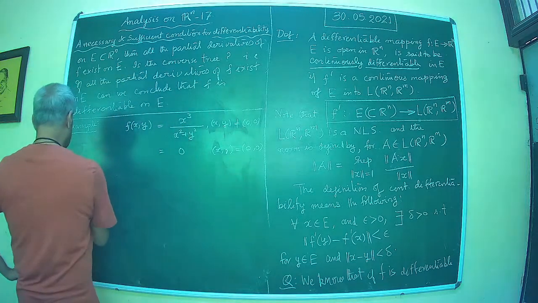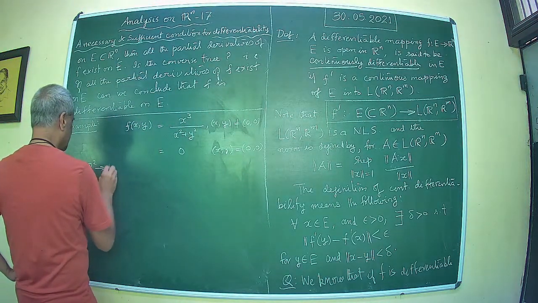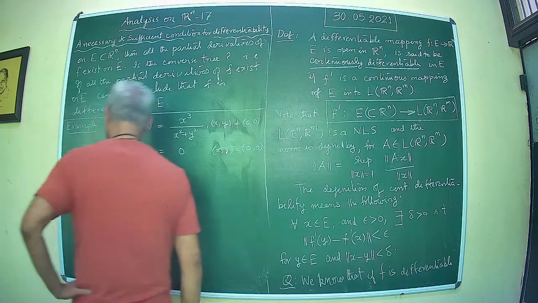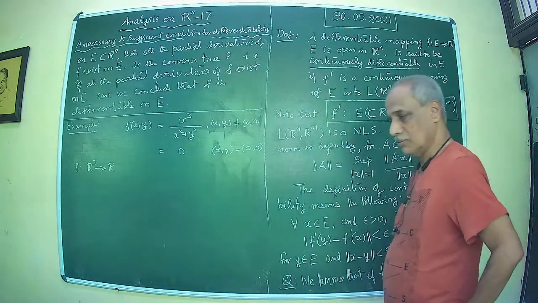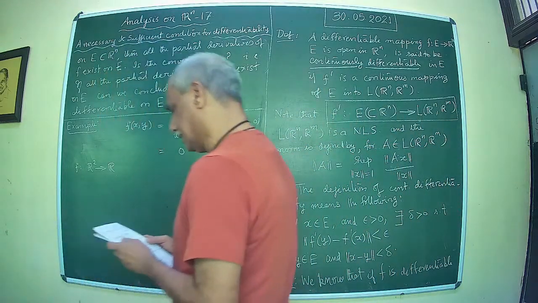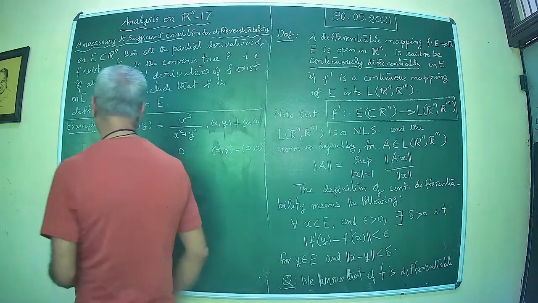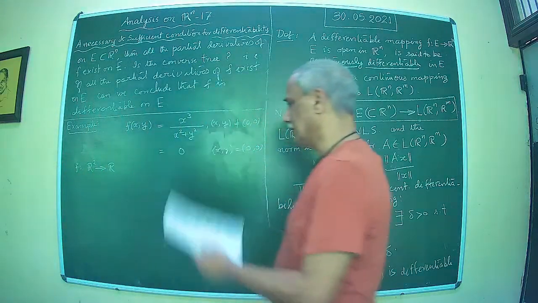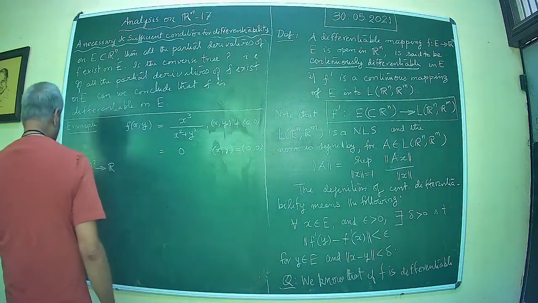We have already investigated this. Now, what one observes at the outset is that the partial derivatives of f exist at every point, including 0, 0. Okay?